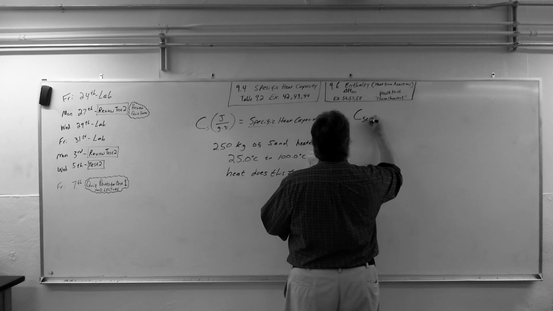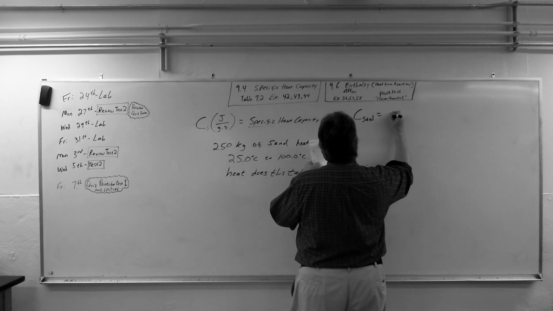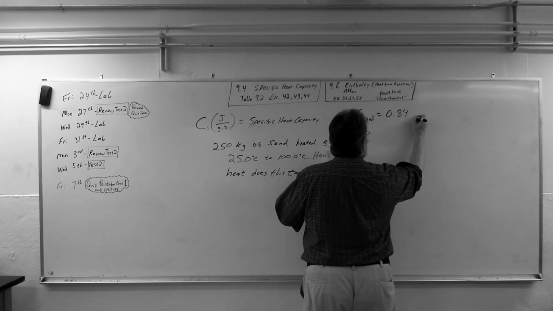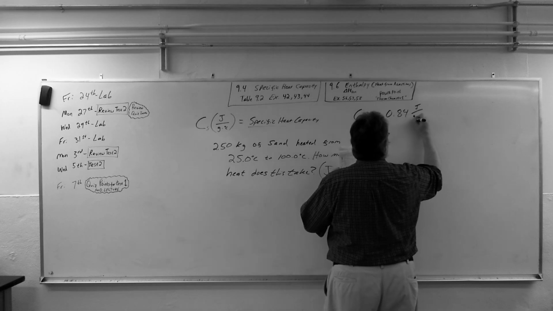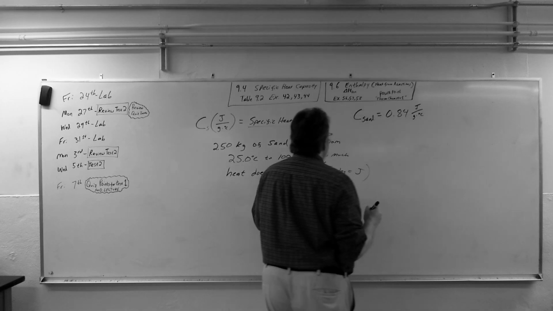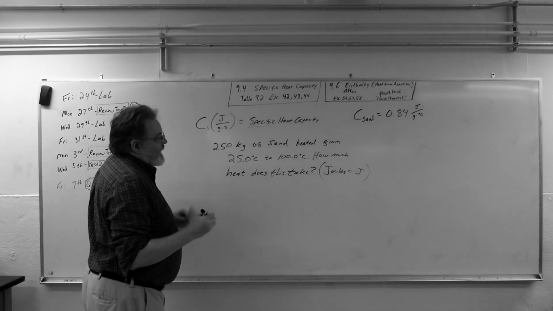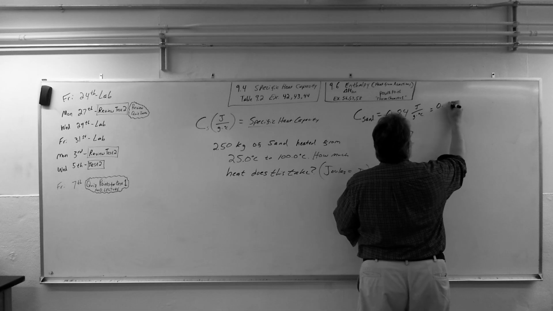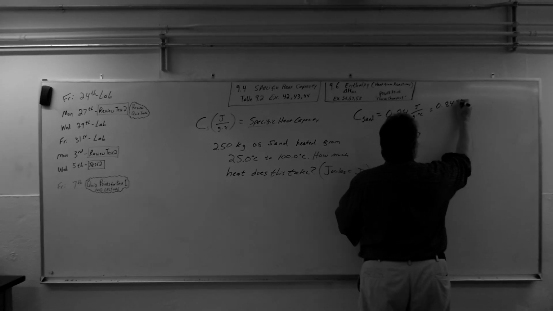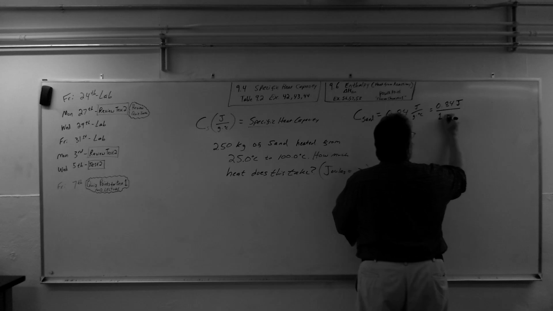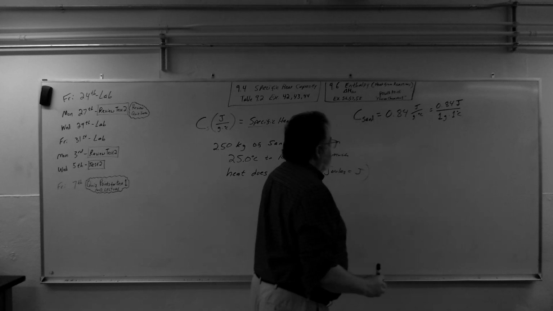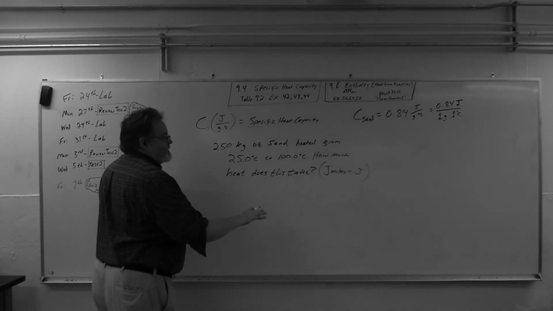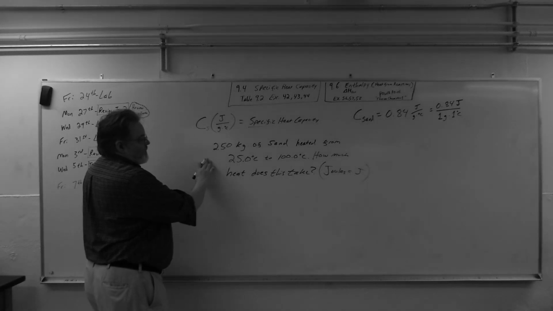Heat capacity for sand equals 0.84, and that's joules per gram per degree C. As I frequently tell you, go ahead and think of this as 0.84 joules, that's my capital J, per 1 gram to 1 degree C. So if you have that at hand, you can use this information to solve for this problem.